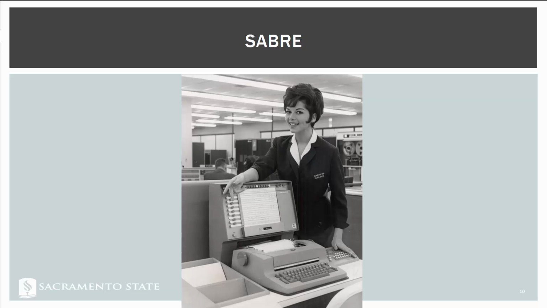This is a representative for American Airlines who was taking the transactions, the reservations, and applying them. This device is a very clever little one that predates the internet, but would allow the agent here to enter the transaction into the mainframe.